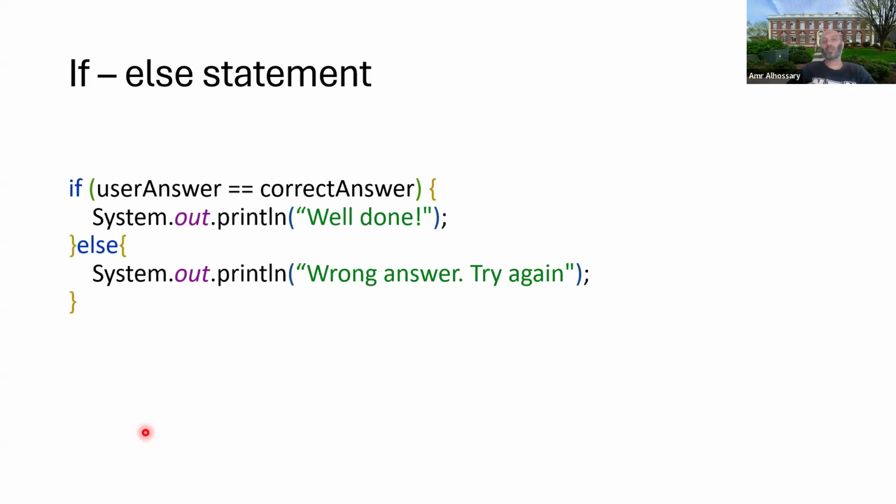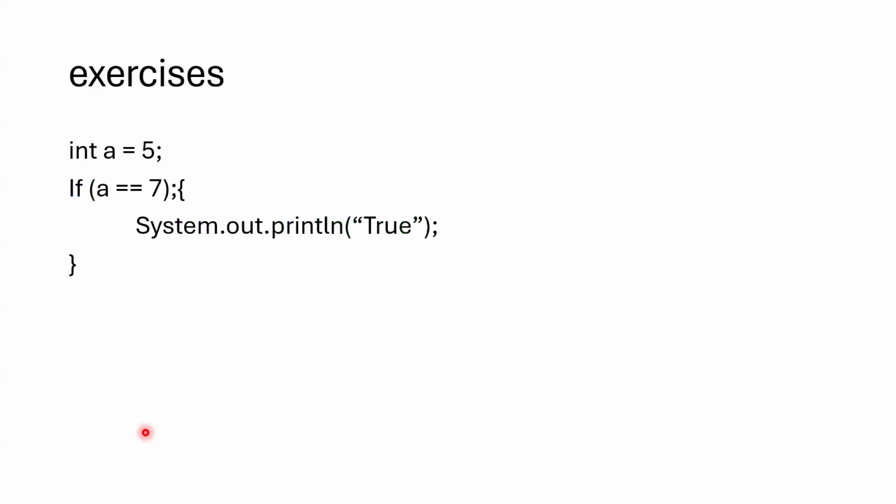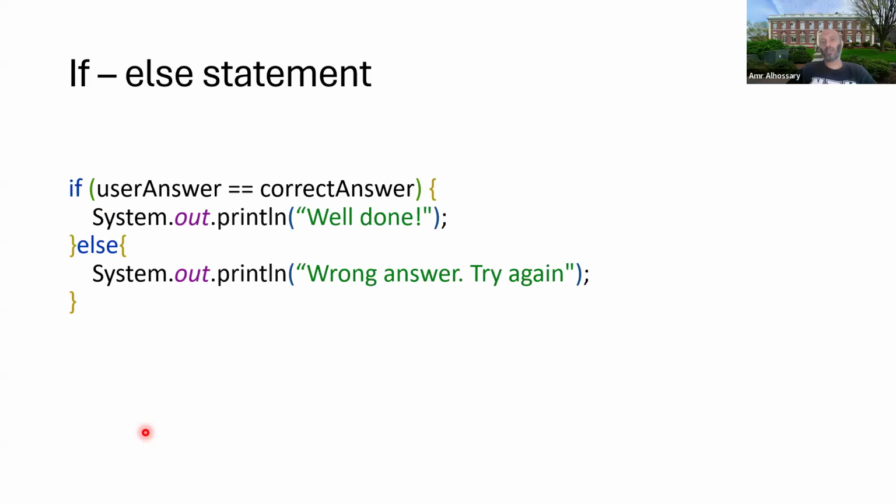If user answer equals correct answer, System.out.println well done, else System.out.println wrong answer, try again. This is a direct example of the if else statement.